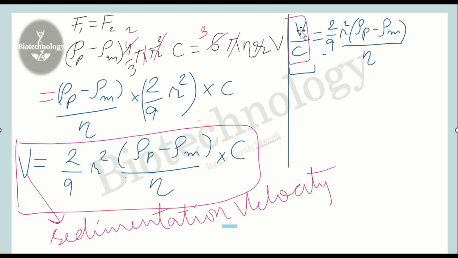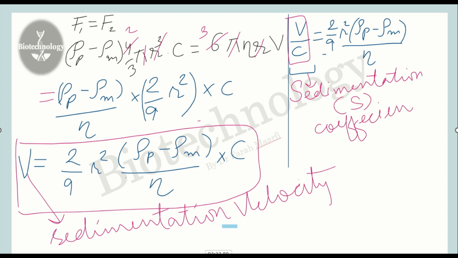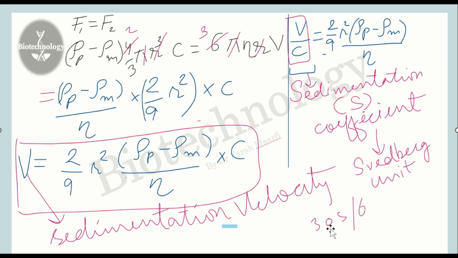So the sedimentation velocity upon the centrifugal acceleration is the sedimentation coefficient and is represented by the symbol S. This is also called the Svedberg unit, and you must have seen this Svedberg unit S somewhere when you were studying the ribosomal subunits, for example 30S and 60S.